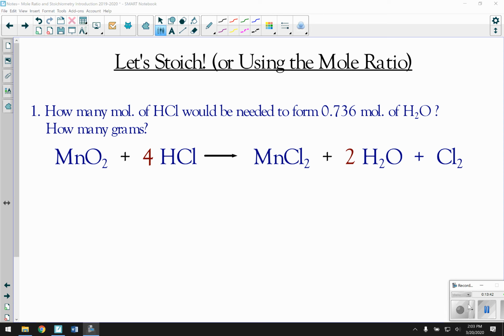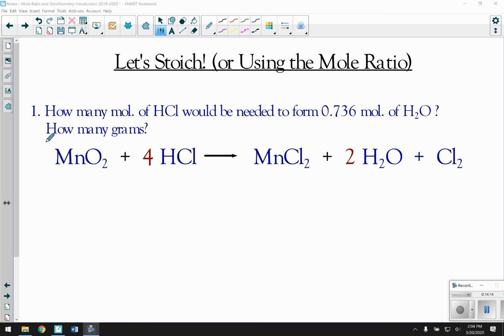All right, guys, let's do 2 simple practice stoich problems to end this little introduction to stoichiometry. In the example on the very first page of notes, I asked how much MnO2 and HCl we would need to start with to make 10 moles of Cl2. Well, 10 moles was a nice round number, and it was easy to see that if there's 10 of these, there has to be 40 of these and 10 of these.